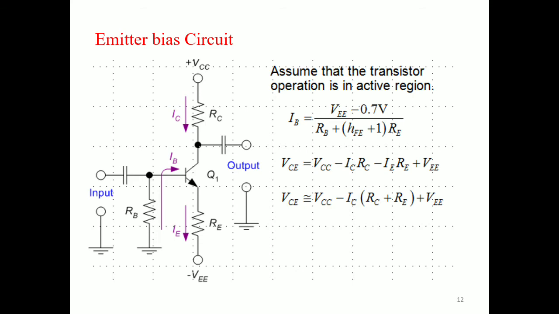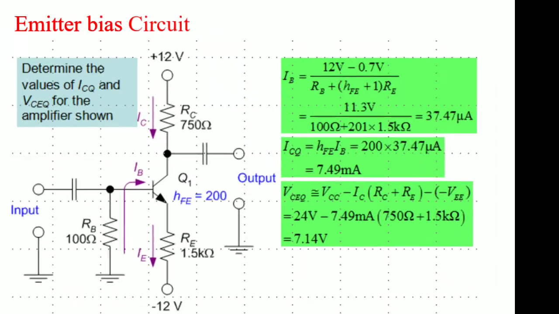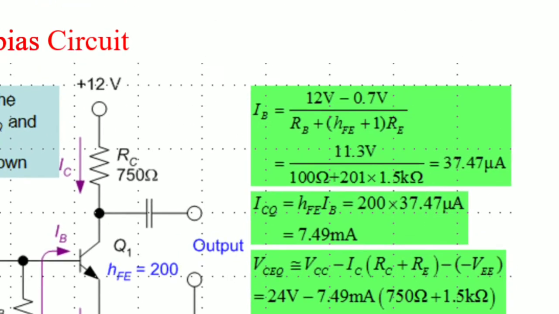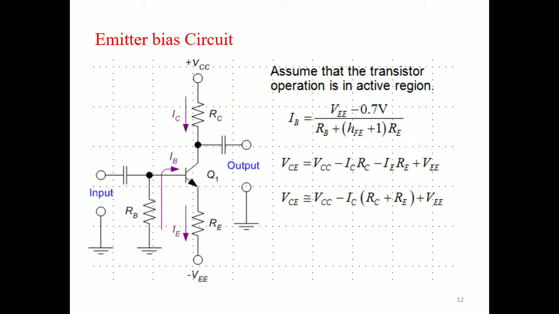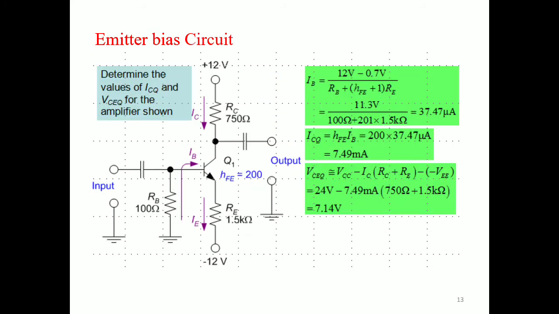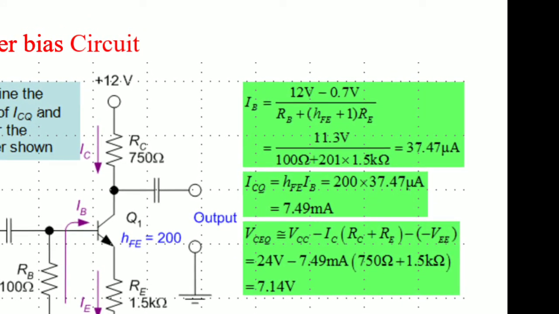Here we have a dual power supply, and if you take one problem, based on this, first you find the IB value, that is VEE minus 0.7. Here 12 volt minus 0.7, that is the base emitter voltage, divided by RB, which is already given, and HFE is 200, I think, plus 1.